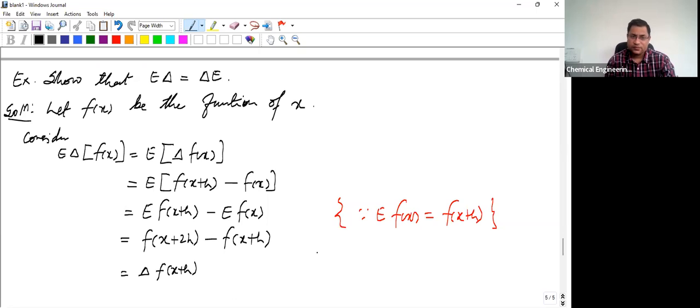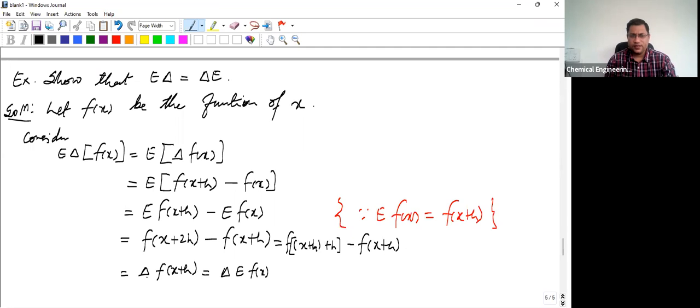This is f of x plus h plus h minus f of x plus h. So this is delta of shift of f of x.